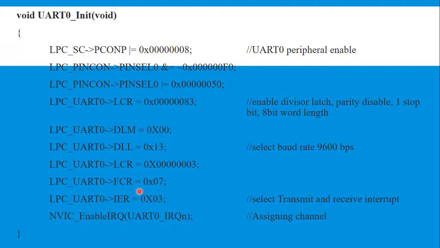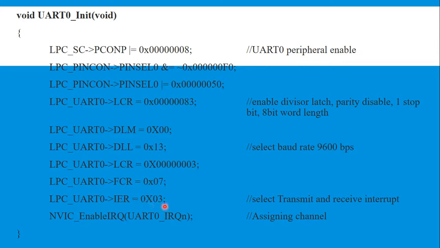So here, bit by bit it is going to be set by moving the value, looking at the 32-bit register called FCR. And then IER, which enables the interrupt for transmit and receive, the transmit and receive interrupt enable register.